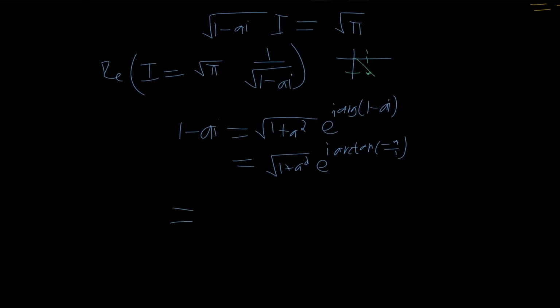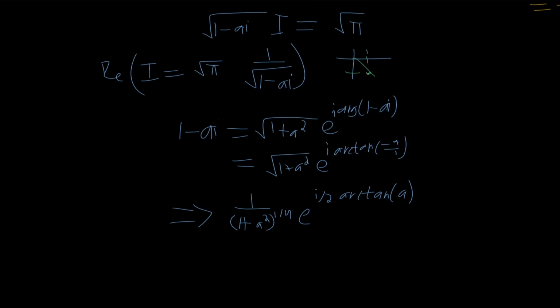So what this becomes is 1 over 1 plus a squared to the 1/4, and then times e to the minus 1/2 i, but the minus signs will cancel. So you just have i over 2 times arctan of a. But note here that we can just take the real part of this directly now, because there are no fractions involved.